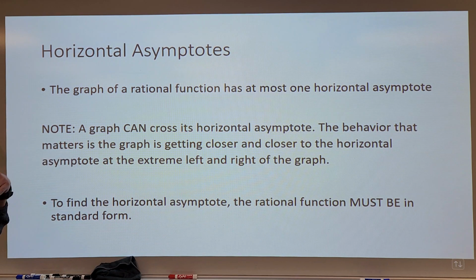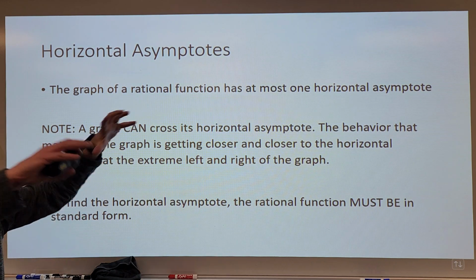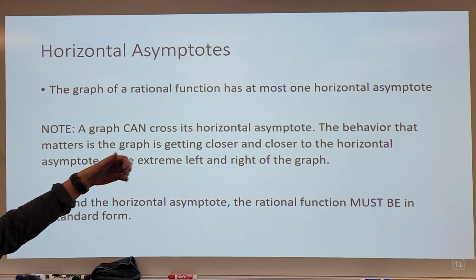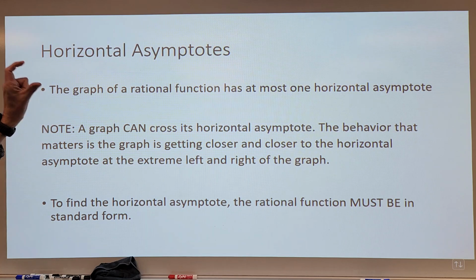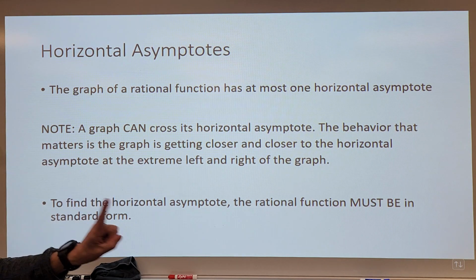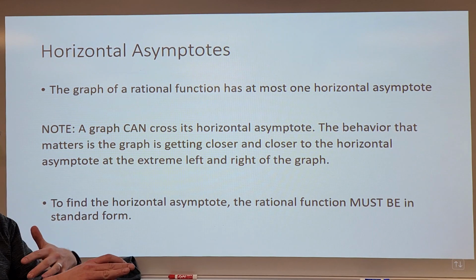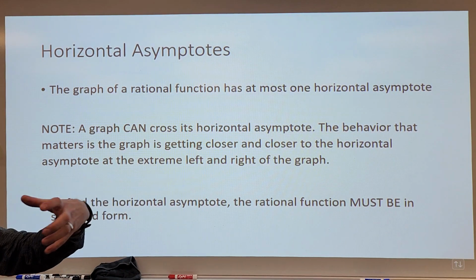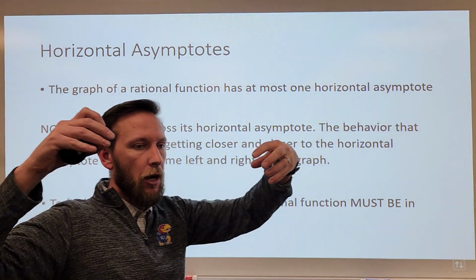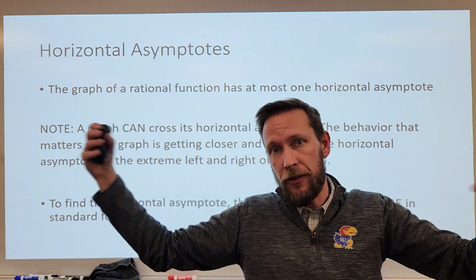We already explored a little bit about horizontal and vertical asymptotes, but when we are talking about rational functions as a whole, not just the reciprocal function, the graph will have at most one horizontal asymptote. There will only be one ever, if there ever is one. Now the graph might cross that horizontal asymptote, but what we want to see is what happens as the graph moves on towards positive infinity or negative infinity.